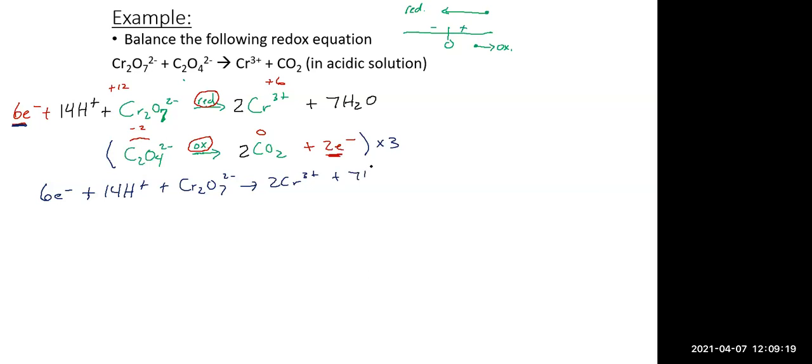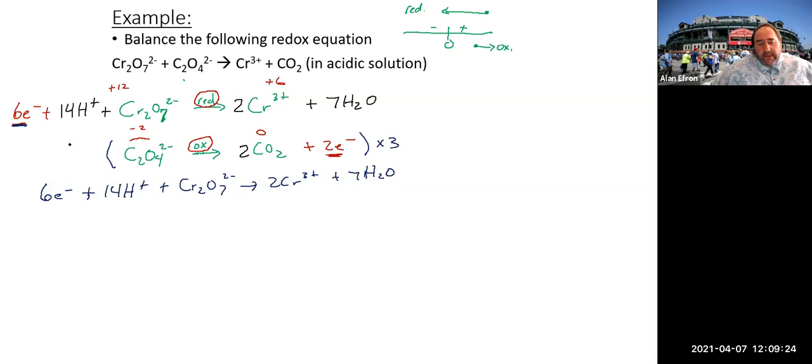And could you say again why you're multiplying by 3? Yeah. So really at this point, what we want to do is basically take these two reactions and add them together. Because this is a redox reaction, somebody will lose a certain amount of electrons, and those same electrons should be gained by somebody else.